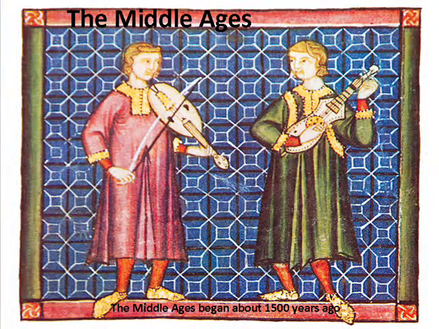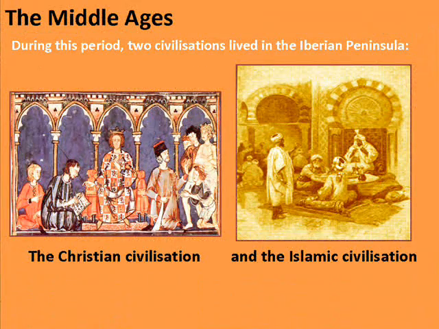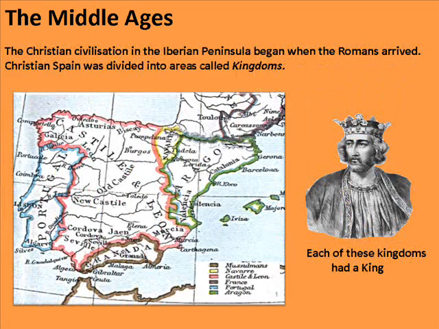The Middle Ages. The Middle Ages began about 1500 years ago. During this period, two civilizations lived in the Iberian Peninsula, the Christian civilization and the Islamic civilization. The Christian civilization in the Iberian Peninsula began when the Romans arrived.